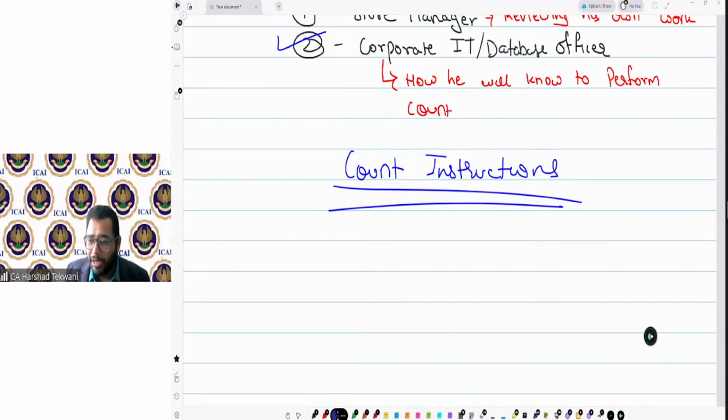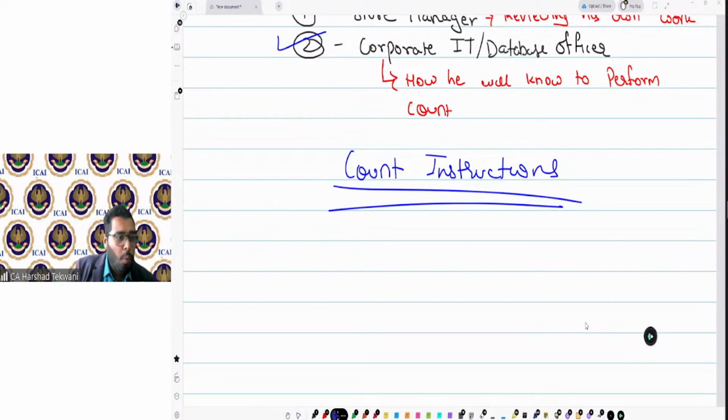Do you think it is logical? Yes, it's logical, correct? Now, as an auditor, if I want to take comfort that whoever has performed the count has performed it correctly, there are two things I need to check. One, how he has performed the count.